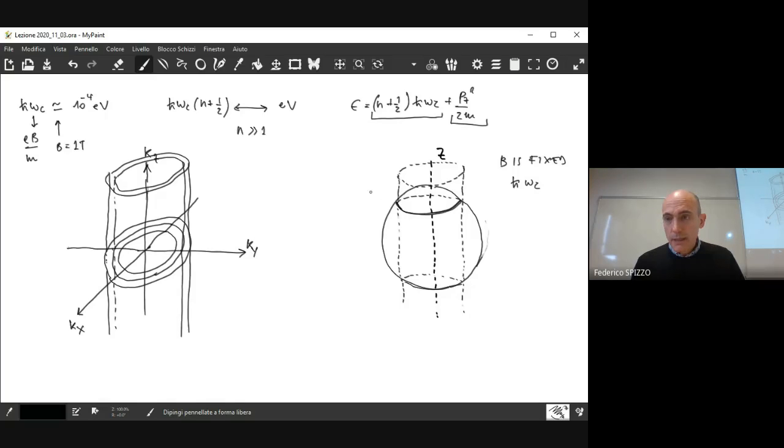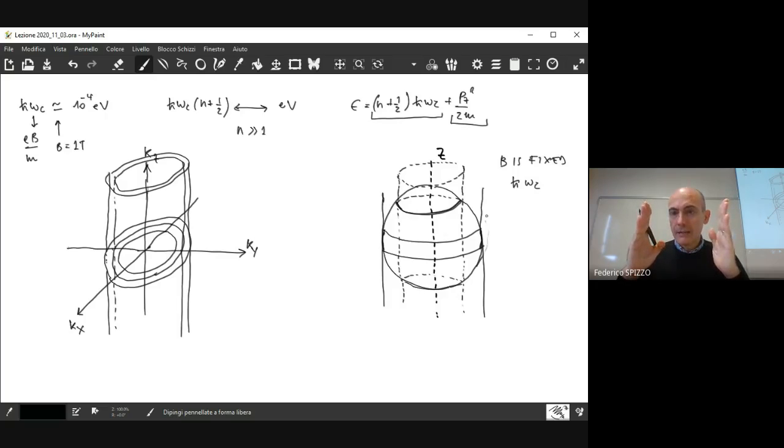The only circle that is peculiar is the one that you obtain when you make the intersection with the cylinder that is exactly tangent to the sphere. Because if you consider a cylinder that has exactly the same radius as the Fermi sphere, then the equatorial intersection will be larger, because in this situation you have many points of the Fermi surface that are quite close to the cylinder.